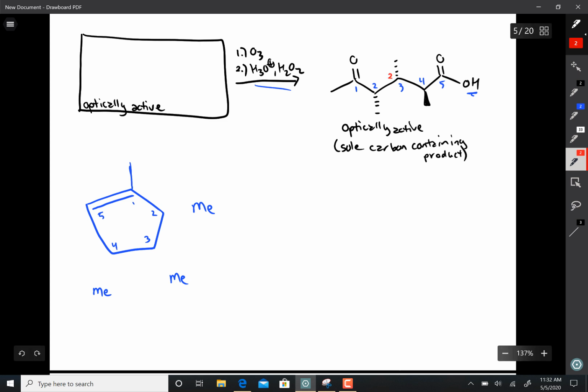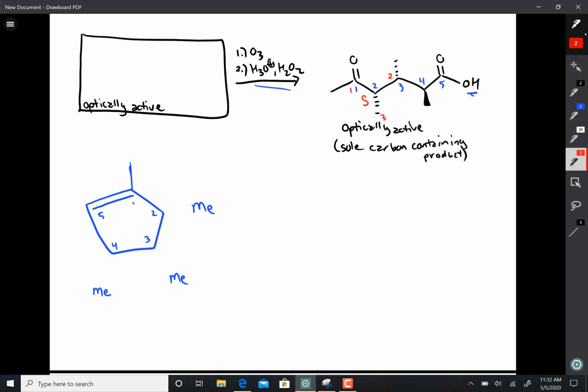This is 2. And this is 3. Okay, when you do this, well, hang on, we'll just go ahead and do these all. So this is an R chiral center. Excuse me, I always mess this up. That's an S chiral center. 1, 2, 3.